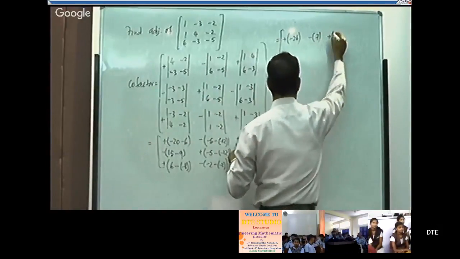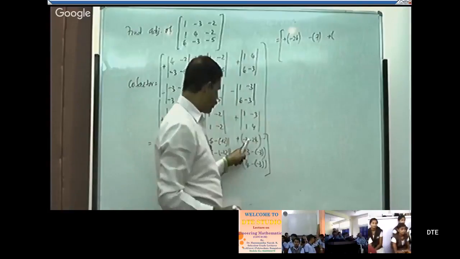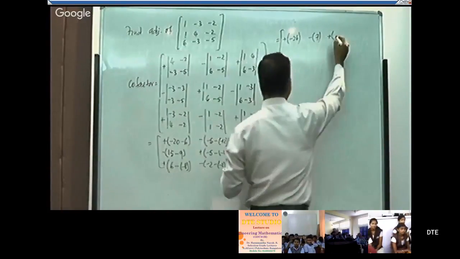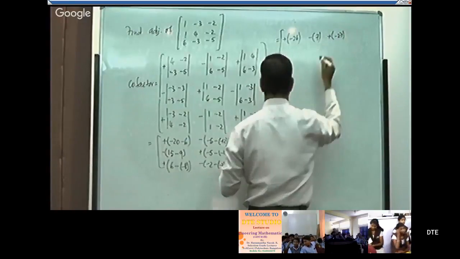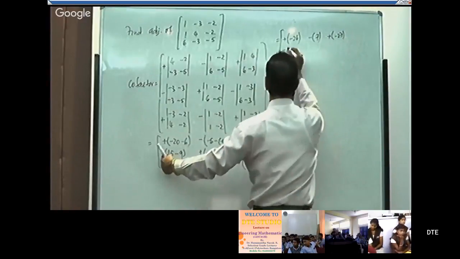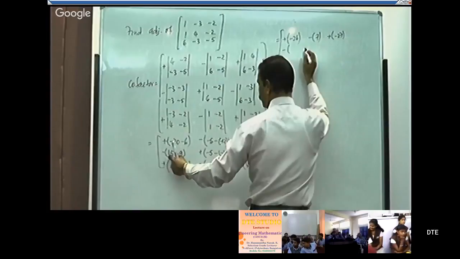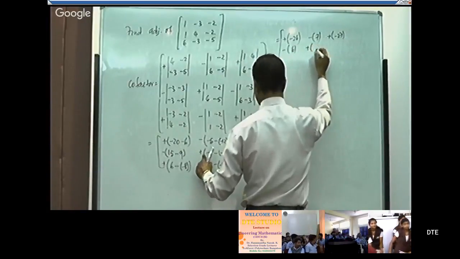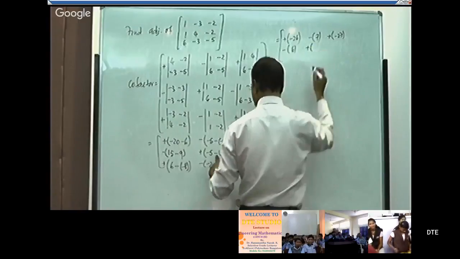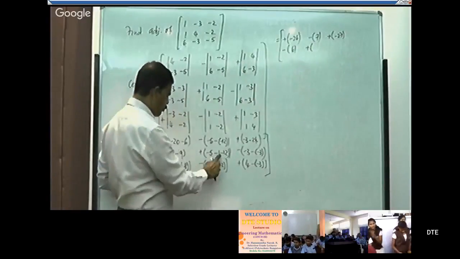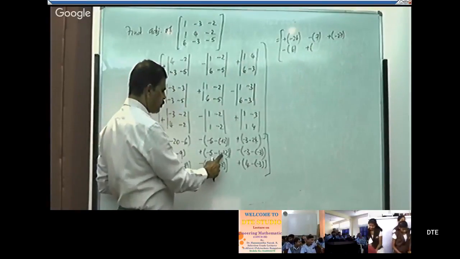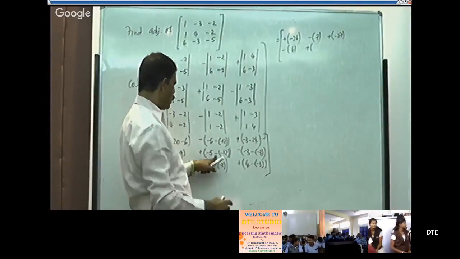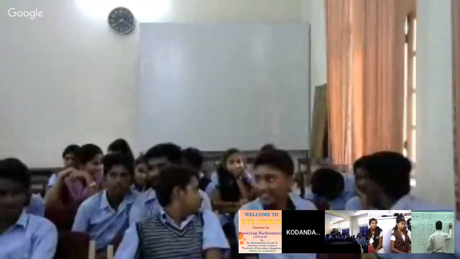Plus of minus 3 minus 24, it is minus 27. Next, minus of 15 minus 9, it is 6. Plus of 5, minus into minus plus, again take the product of these two, minus 5 again, it is 7.